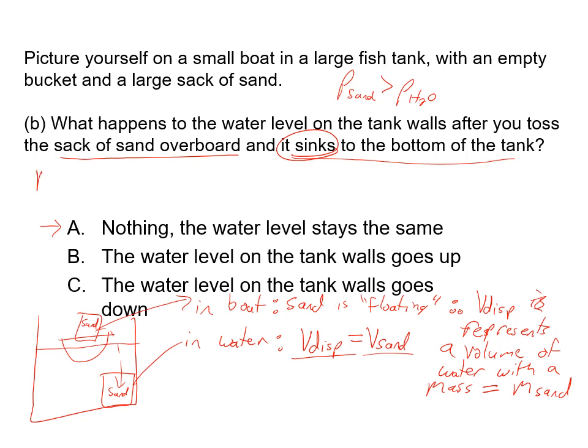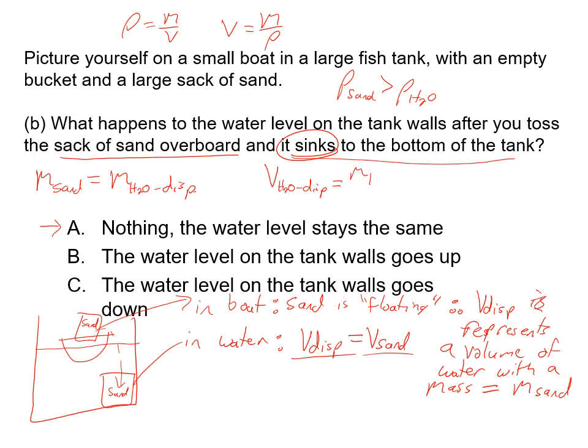Okay? Now, what we know is that density is equal to mass over volume, and therefore volume is equal to mass over density. And so the volume of water that's being displaced is equal to the mass of water divided by the density of the water.